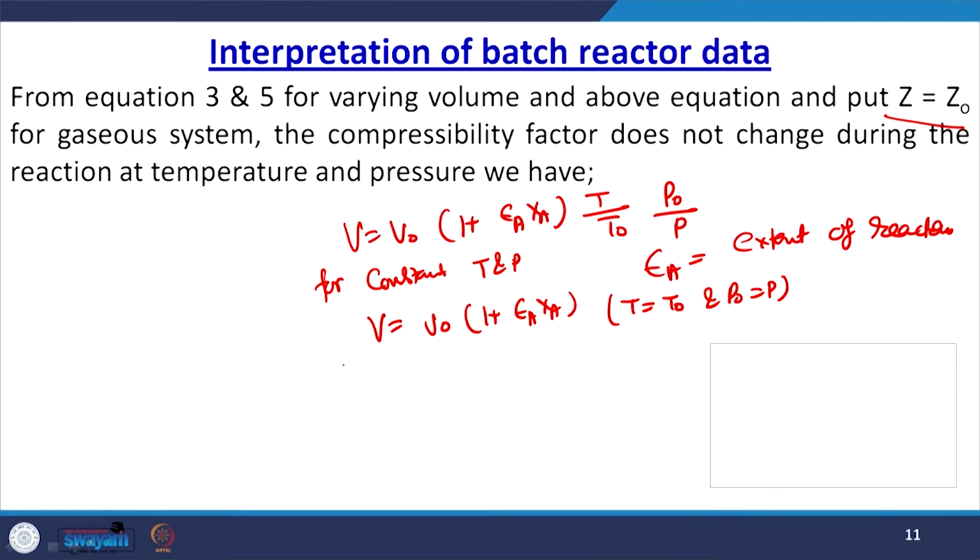So, you see that these things are case sensitive. We need to take certain assumptions, or we need to assume the case, maybe the gaseous system, maybe some other system.